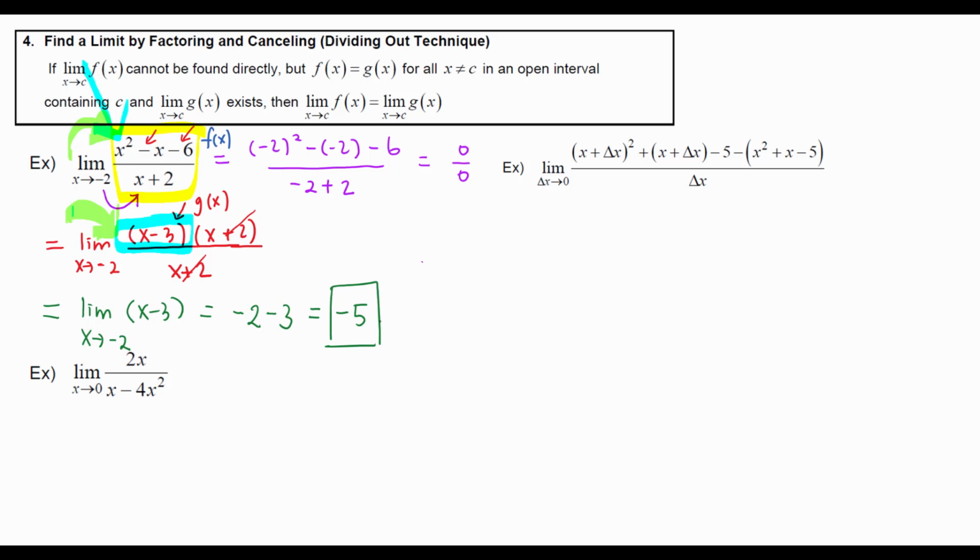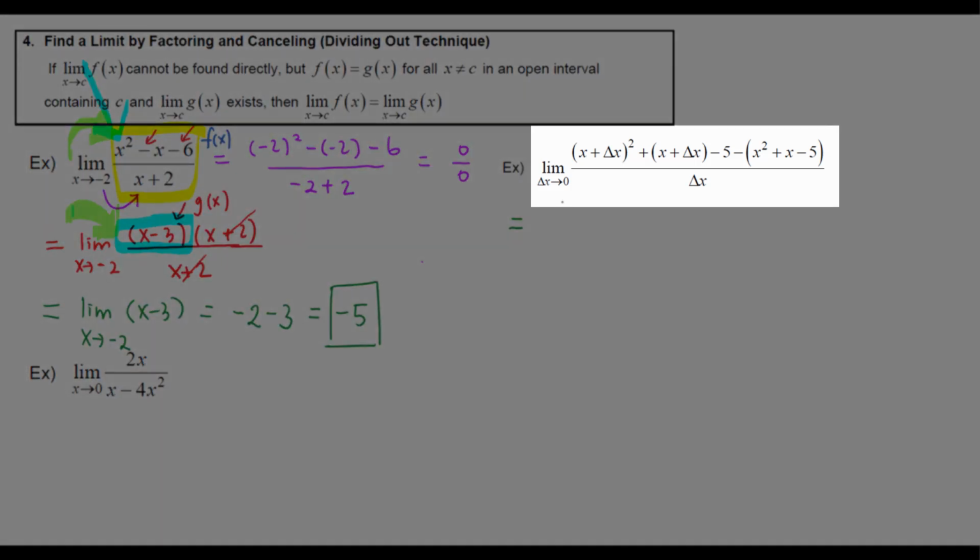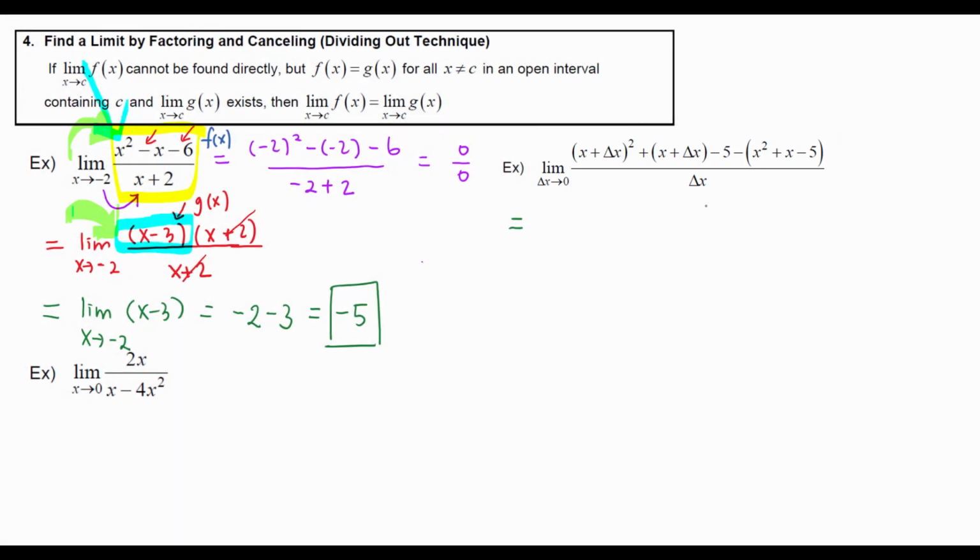Let's do another problem. Let's say I want to find the limit of the quantity x plus delta x squared plus the quantity x plus delta x minus 5, minus the quantity x squared plus x minus 5, all over delta x. If I plug 0 in for delta x, then I get x squared plus x minus 5 minus x squared minus x plus 5, which is 0 over 0.